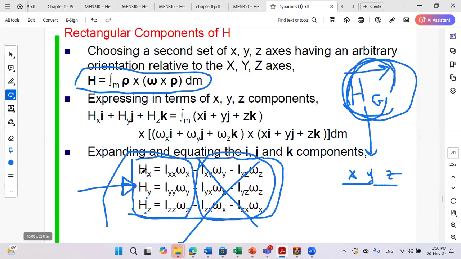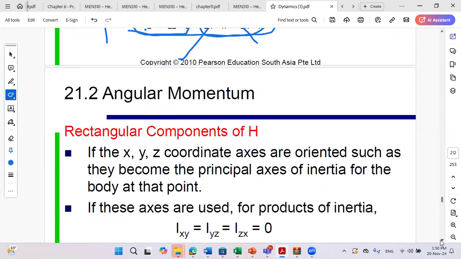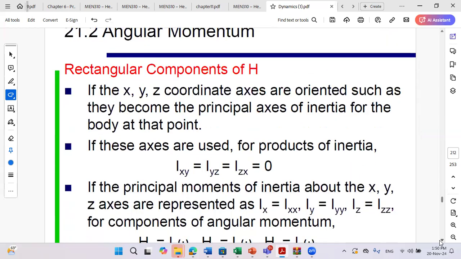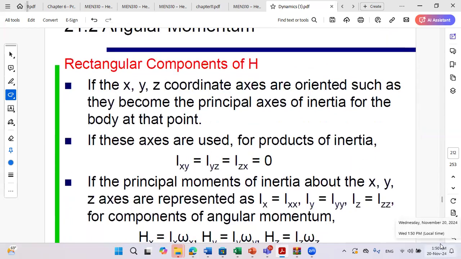So then Hx will be Ixx omega x, Hy will be Iyy omega y, and Hz will be Izz omega z. So in case the X, Y, Z coordinate axes are oriented such that they become the principal axes of inertia for the body at that point, we can simplify calculations since the products of inertia will be equal to zero.